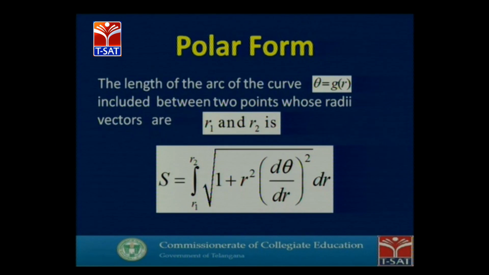Then the length of the arc s is equal to integral r1 to r2 under root of 1 plus r square (d theta by dr) whole square into dr. So in this way we can find the length for the given equation of the curve, whether it is in Cartesian form, parametric form or polar form.